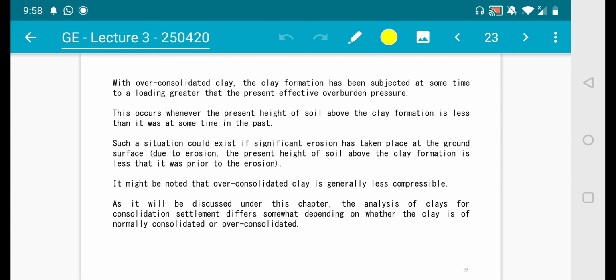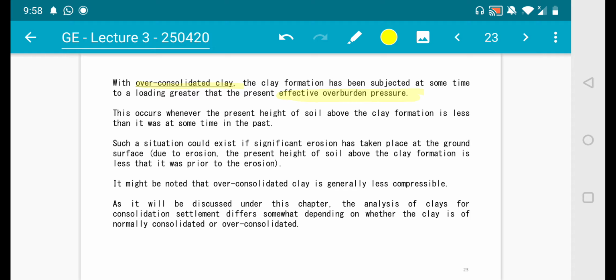Now with over-consolidated clay, the clay formation has been subjected at some time to a loading greater than the present effective overburden pressure. Again, this occurs whenever the present height of soil above the clay formation is less than it was at some time in the past. Such a situation could exist if significant erosion has taken place at the ground surface.